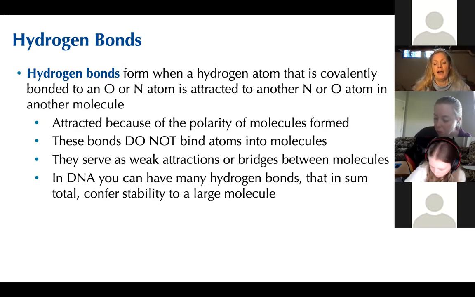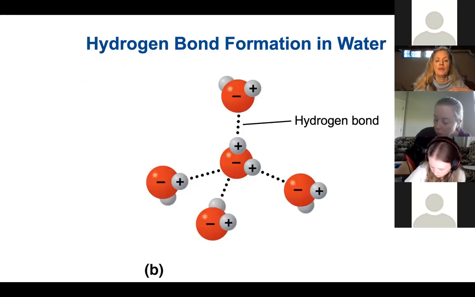And because of that polar relationship, especially when there's a lot of these molecules, they can form weak electromagnetic attractions between partial positive and partial negative molecules, just kind of like an ionic bond.